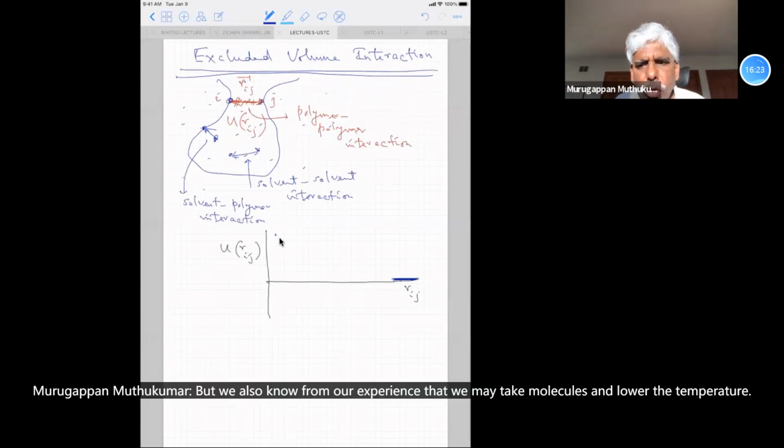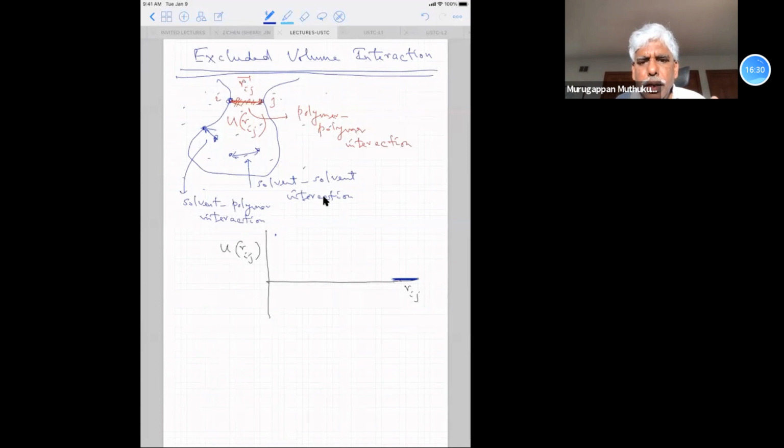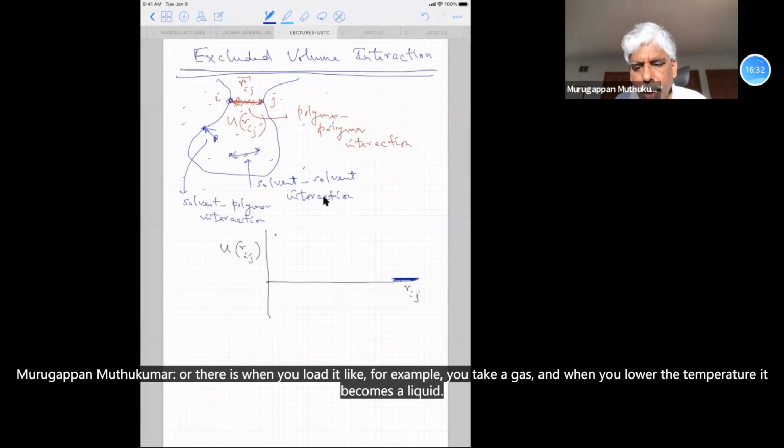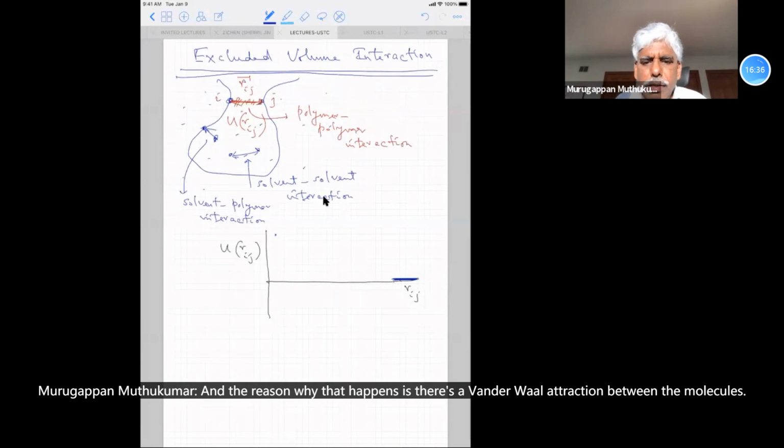But we also know from our experience that when you take molecules and lower the temperature, for example, you take a gas and when you lower the temperature, it becomes a liquid. And the reason why that happens is there's a van der Waals attraction between the molecules.